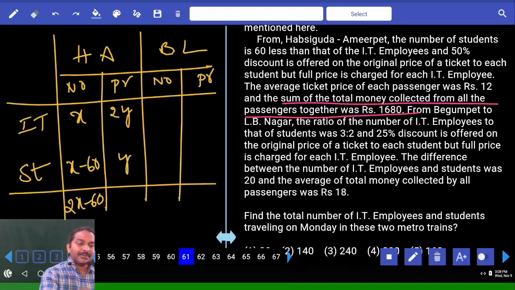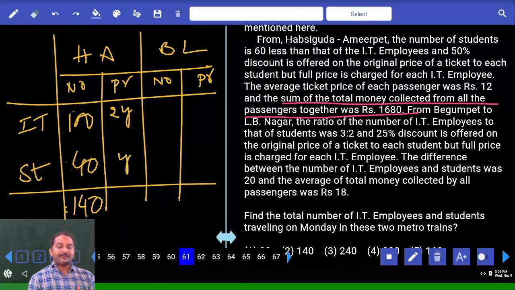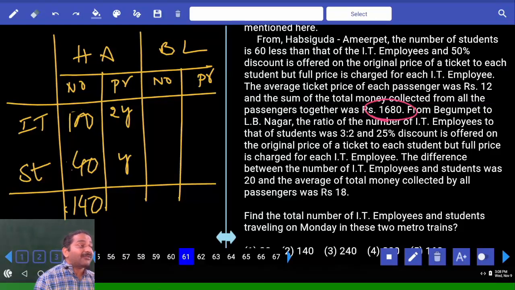So now I'll replace here. X is 100, so students are 40, total 140. Now, what is the total amount collected, they said? That must be equal to amount collected from all IT employees and all students only.